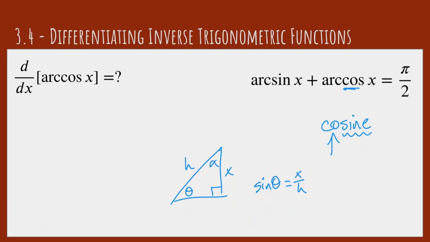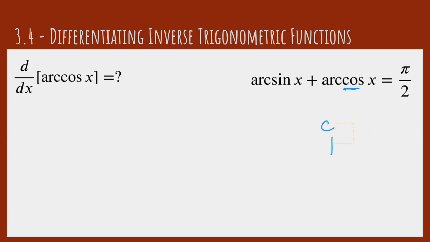So if I want to know the cosine of alpha, that's the same thing as the sine of the complement to alpha. And the complement to alpha is theta, because in a triangle, the angles add up to 180, then the two non-right angles are going to add up to 90. So these two angles are complementary.